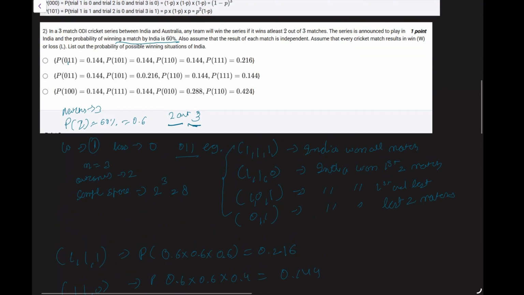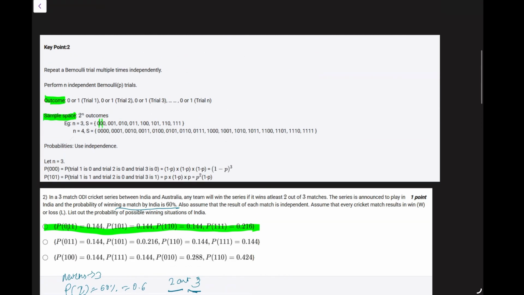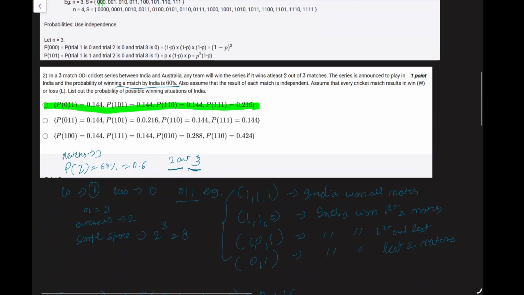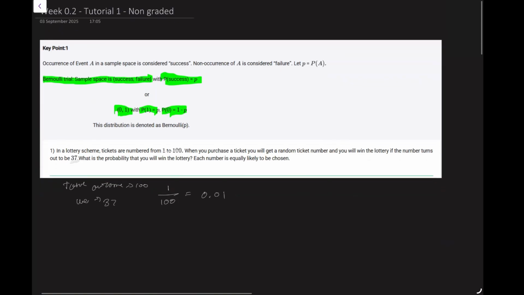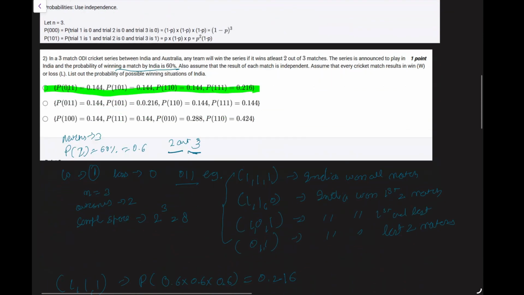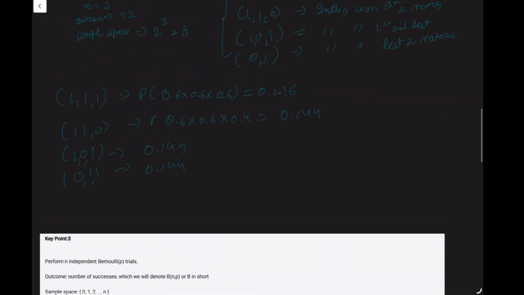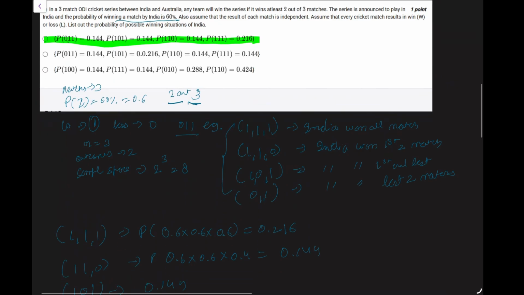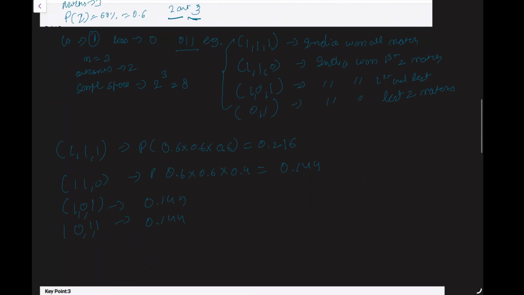So the correct option is number 1, option A. 011 will have 0.144, 101 will have 0.144, 110 will have 0.144, and 111 will have 0.216. That's the right answer. This shows all the scenarios and the probabilities where India won the series.